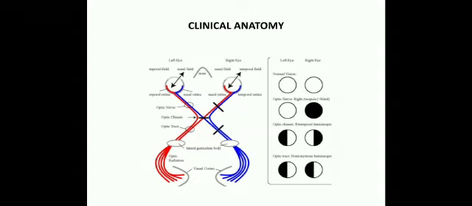So, the clinical aspects. A lesion of the retina leads to scotoma, that is, certain points may become blind spots. Optic nerve damage results in complete blindness of that eye.